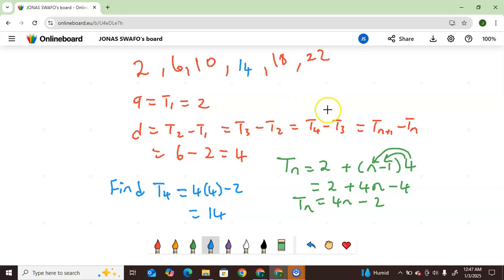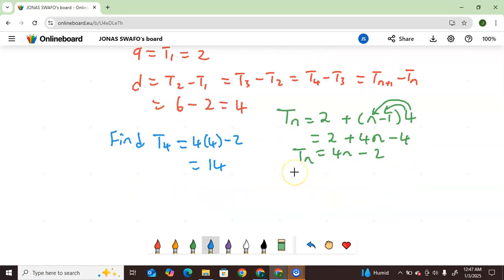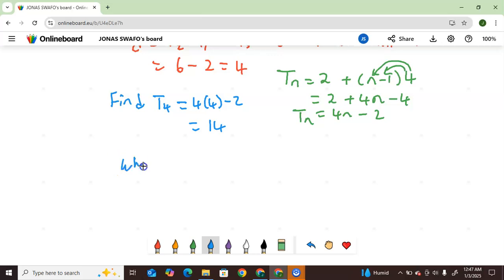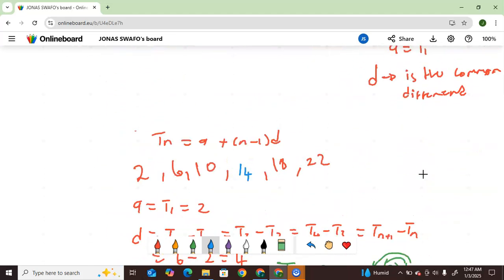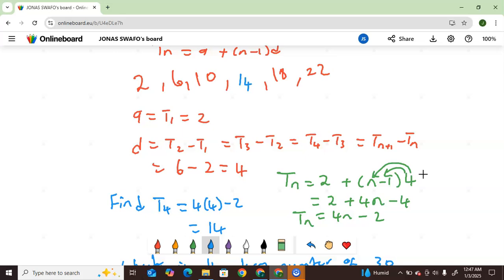Sometimes they might ask you a question like, what is the term number of 30, right? We don't have a 30 in our sequence, but now they're just asking you what is the term number of 30.